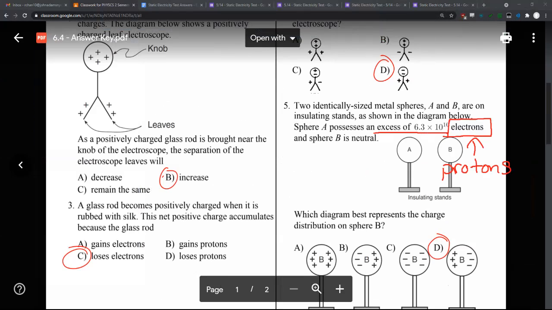That's all I did. I didn't do anything else other than change one word. And so the answer becomes B instead.